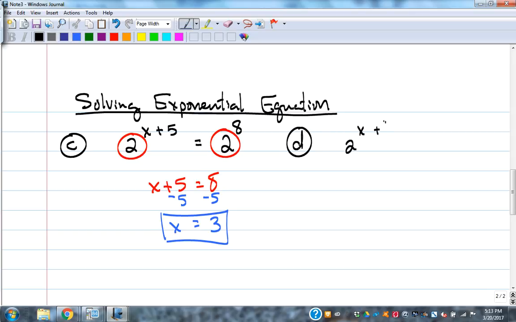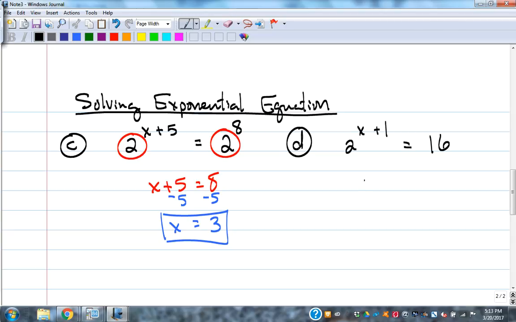Now let's do one that's a little bit more work on our part. All right. 2 to the x plus 1 is equal to 16. So we've got to think exponentially about 16. 16 could be written as 2 to what power? 2 to the second is 4. 2 to the third would be 8. 2 to the fourth would be 8 times 2, which is 16.